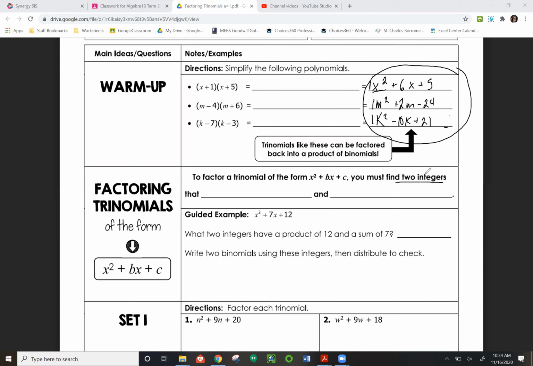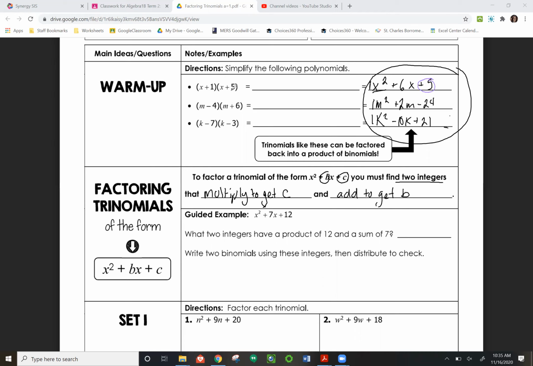So if you have 3 terms and the leading coefficient is 1, you will be able to factor it. We just need to find 2 integers that multiply to get your c, and add to get the b. Remember over here, where did this 5 come from?